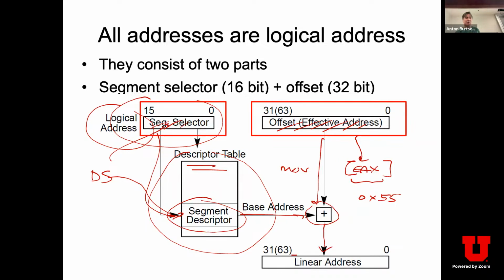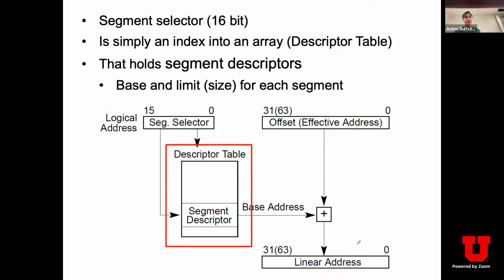The result of it is called the linear address. Again, this terminology is really confusing. I agree. When you open an Intel manual and they say logical address, linear address, well, you have to come back to this slide, or the slide which will be a little bit later in this lecture, and quickly double check what is logical, what is linear. I will not be super specific about them, but still I ask you to at least be able to identify which one is which.